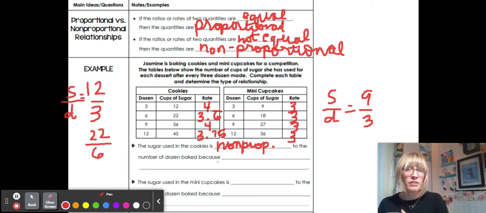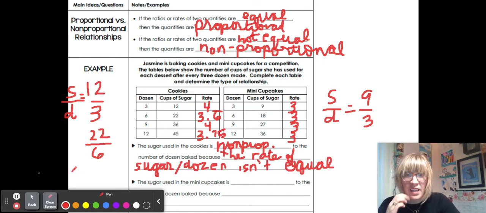It's not equal, right? Sometimes she was using 4 cups, sometimes a little bit less. So the sugar used in the cookies is non-proportional because the rate of the sugar per dozen is not equal.